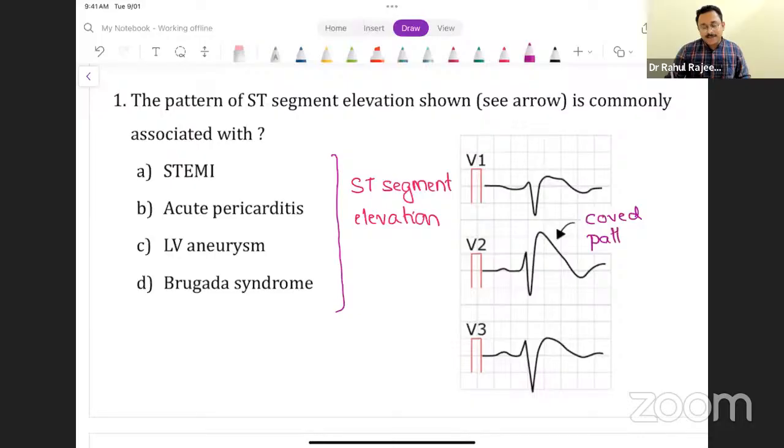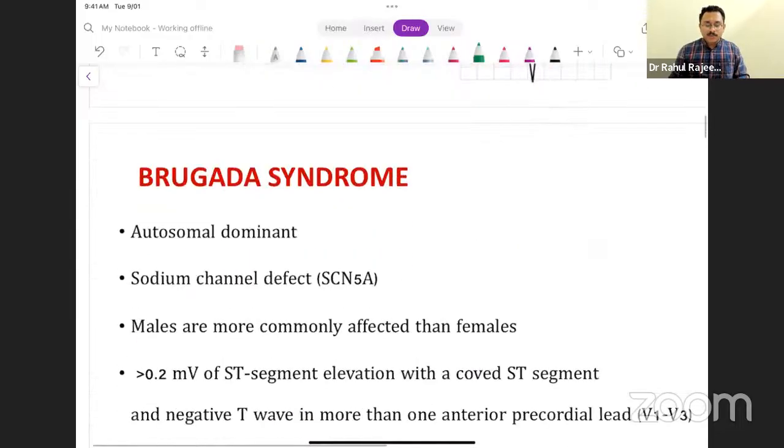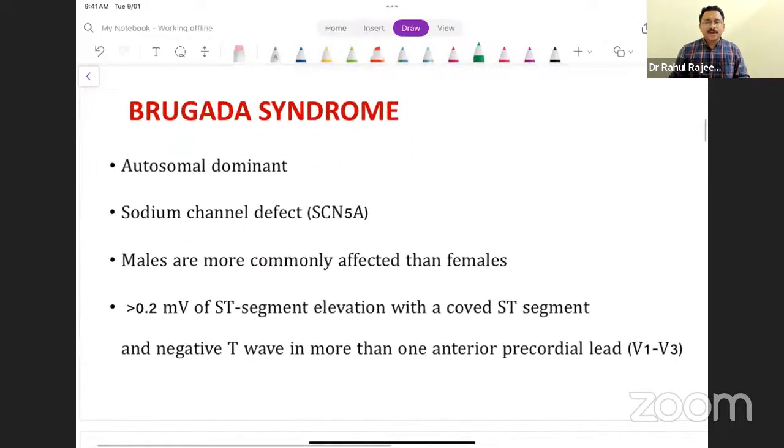In which condition do you get coved pattern of ST segment elevation? It is in a condition known as Brugada syndrome. Just a few words on Brugada syndrome. Brugada syndrome is a channelopathy which can lead on to arrhythmias, with an autosomal dominant pattern of inheritance. What is the channel defect?